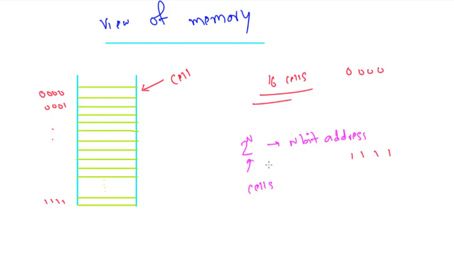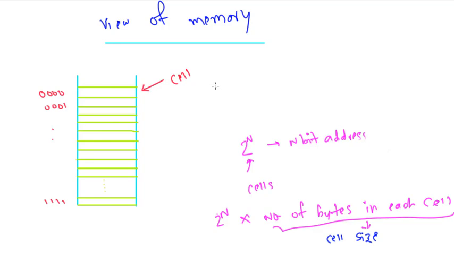Now if someone asks me what is the size of memory, then I will say the number of cells, that is 2 to the power n, times the number of bytes in each cell, that is nothing but cell size. For example, if there are 16 cells and each cell has 1 byte, then total size of memory is 16 bytes only. This is the size of memory.